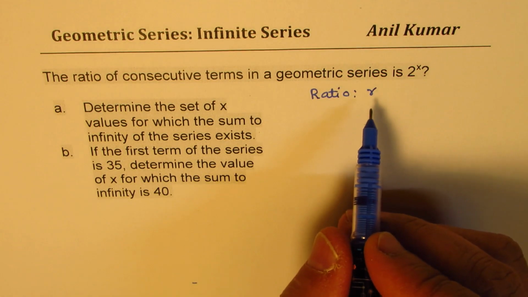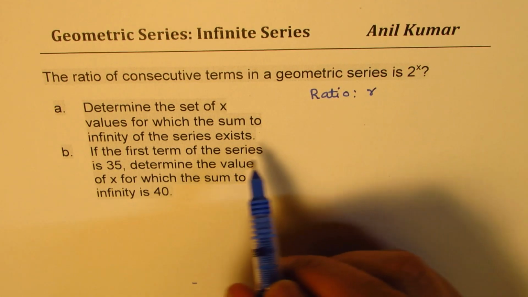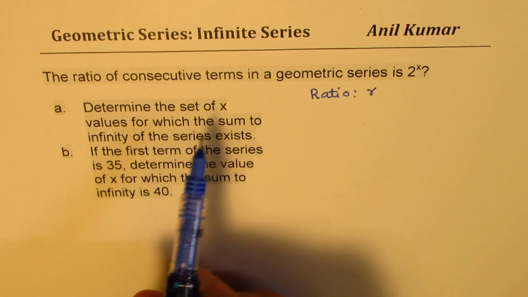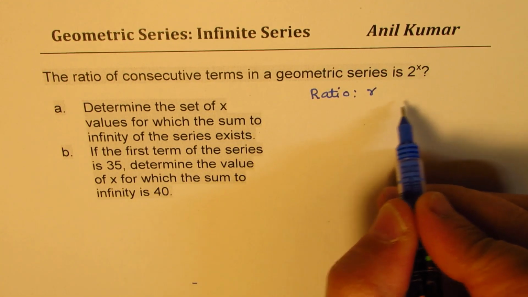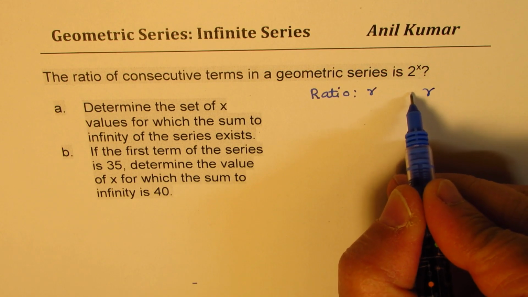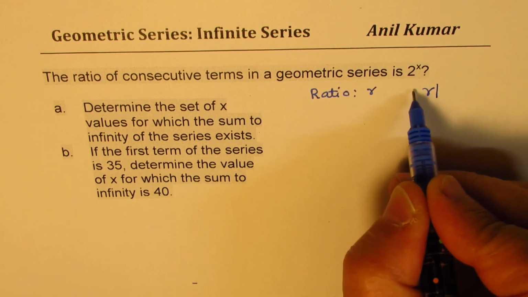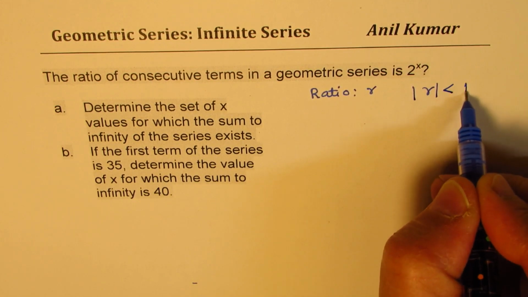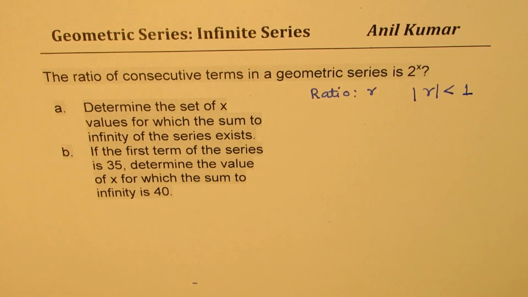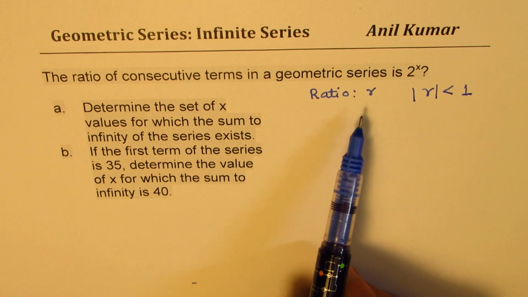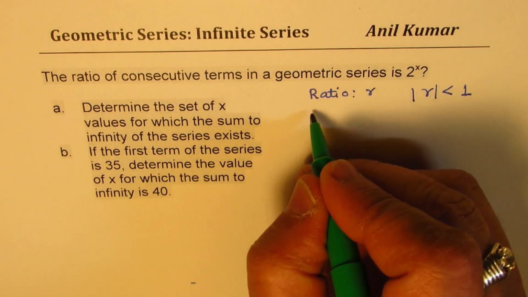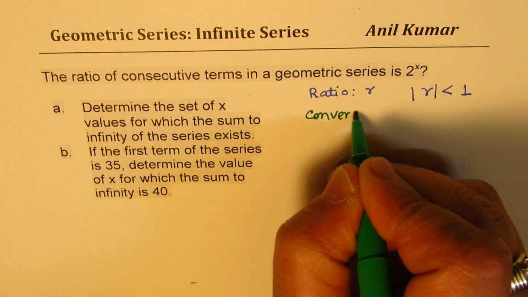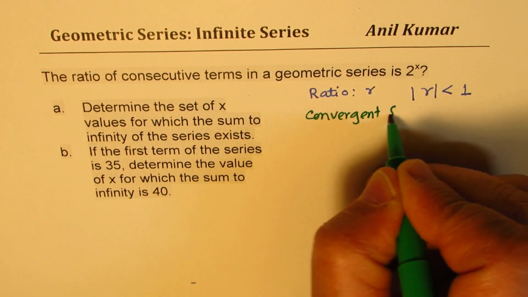Now for the geometric series infinite sum to exist, the absolute value of r should be less than 1, correct? Only then we could have the sum of an infinite series, right? To make it convergent.